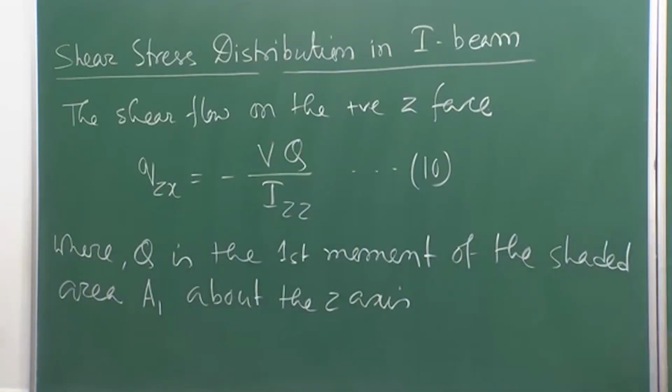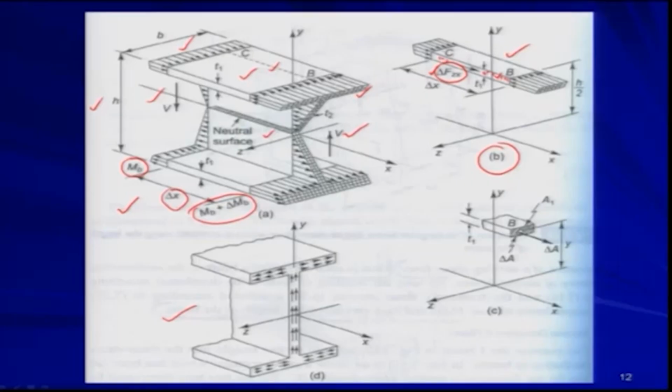If you come back to this figure, figure C, A1 is this shaded area, the part defined by A1. So, capital Q is the first moment of this area with respect to your z axis.